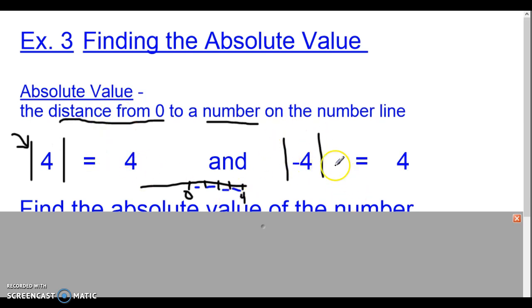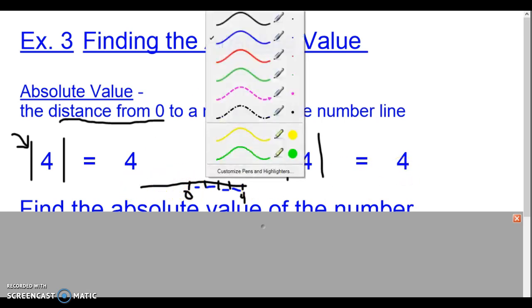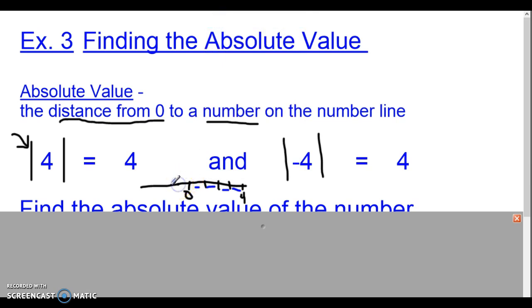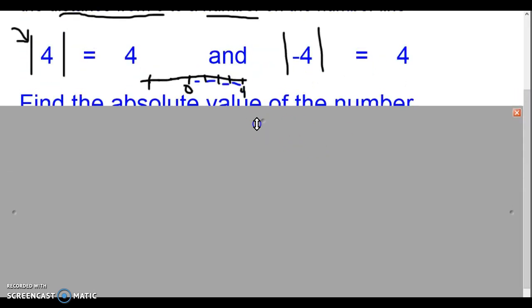Now this one over here says the absolute value of negative 4 is also 4. So if I went in the other direction, I would have 1, 2, 3, 4. It would also be 4 spaces away. So the absolute value is always going to be a positive. It just tells you the distance away from 0, not the direction.